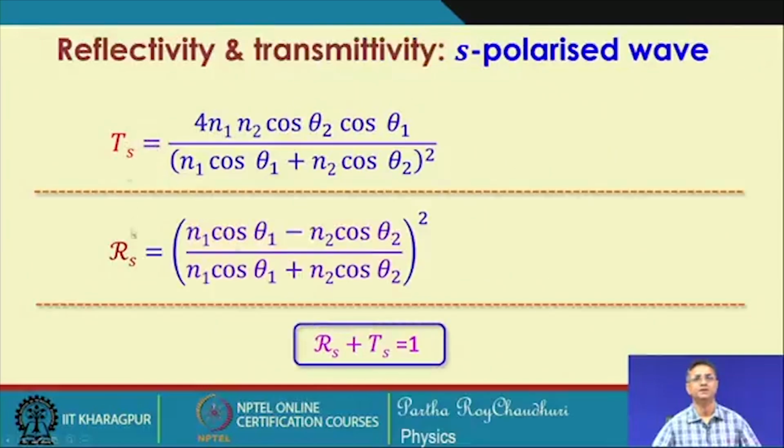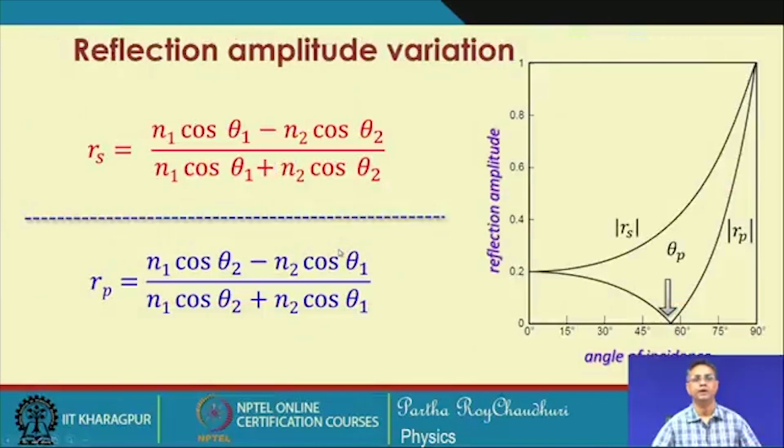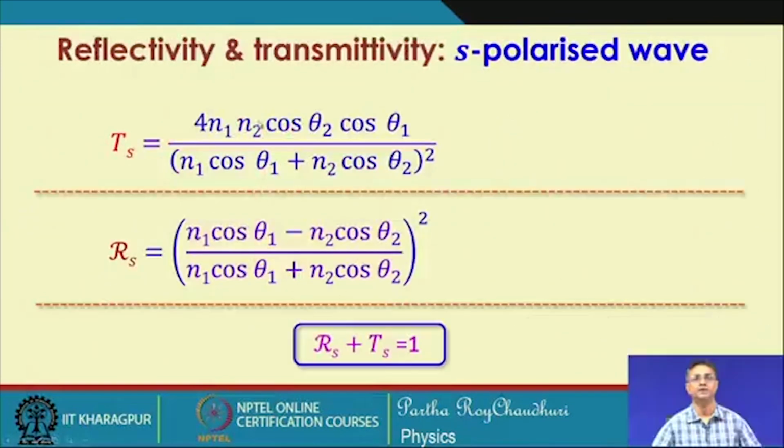Now, T s and R s we have been able to exclusively determine from the knowledge of the refractive indices and the angle of incidence and angle of refraction. If you add these two, it is very easy to show that R s plus T s is equal to 1. The square of this plus that, which will have some n 1 n 2 cosine theta 1 cosine theta 2; if you do this it will become plus and minus, so both of them will cancel and give you unity.